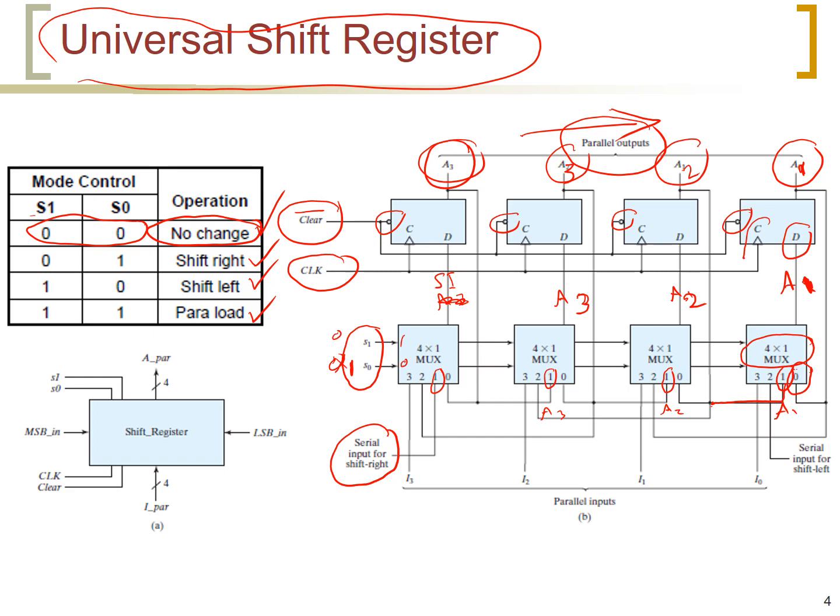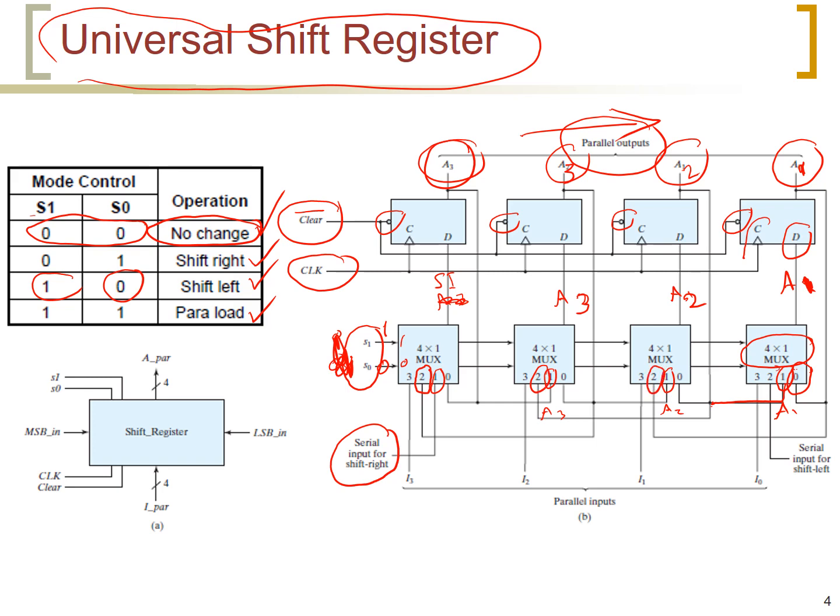Let us consider the third case, which is S1 is 1 and S0 is 0. Therefore, we erase this. We write 1 here and 0 here, and each multiplexer will select the input at its 2 input, the second input, it will come to the output. Now let us look at the multiplexers.